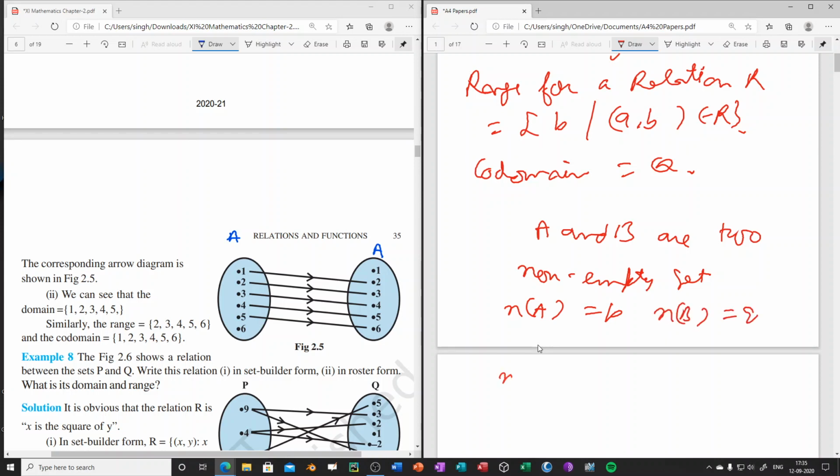Then we know that n(A cross B) will be equal to how many? pq. Therefore, the number of relations possible when two non-empty sets are given is 2 raised to pq.